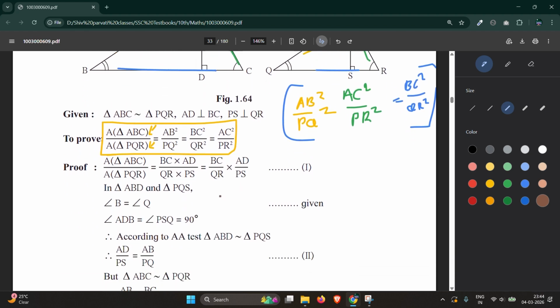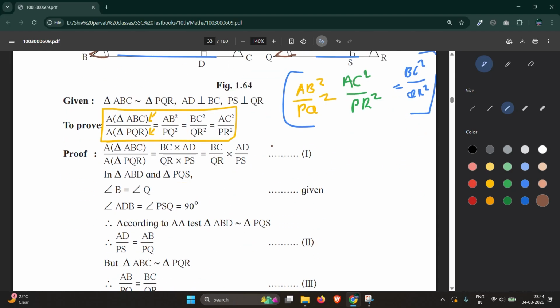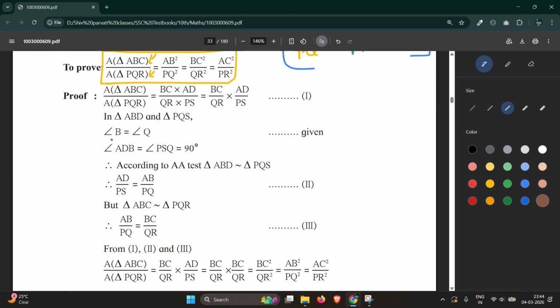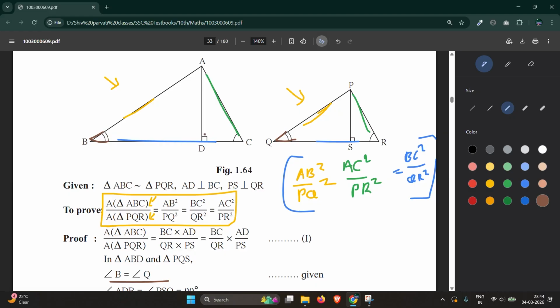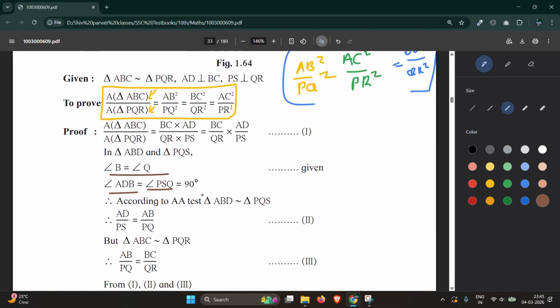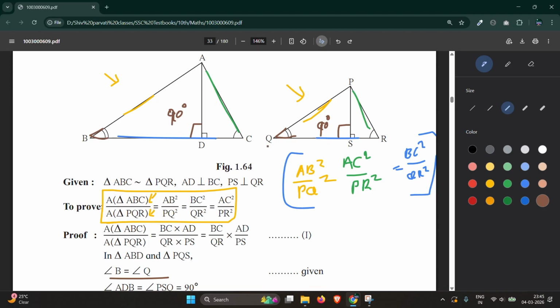Since the triangles are similar, we are given that this angle is equal to this angle, and the angle ADB is equal to the angle PSQ. These two angles are 90 degrees because we drew them perpendicular. We wanted to draw the height, so they are 90 degrees because that is how we drew them.